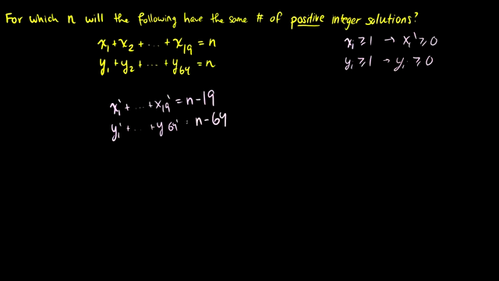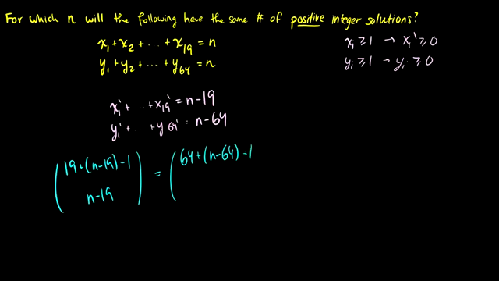So the solutions to these have to be equal. So if we remember our formula here, this is 19 plus n minus 19 minus 1, choose n minus 19, and this has to be equal to 64 plus n minus 64 minus 1, choose n minus 64. That looks like a 9, we'll make that a 4.